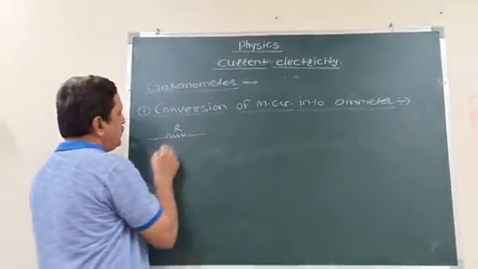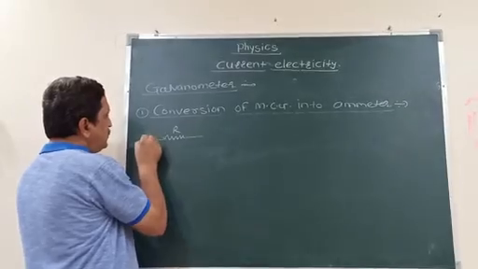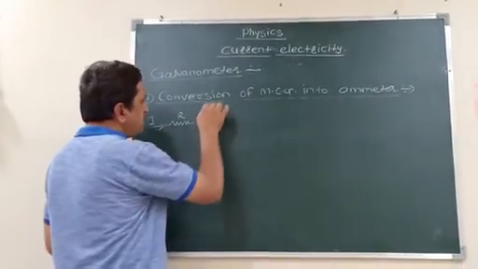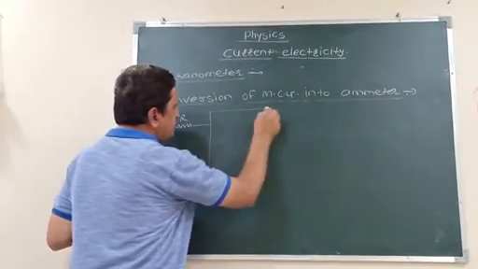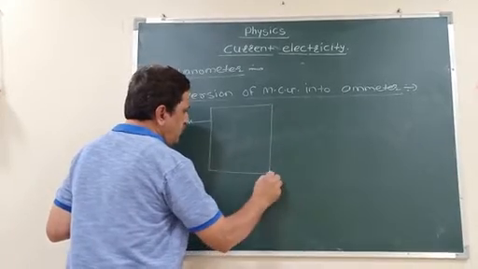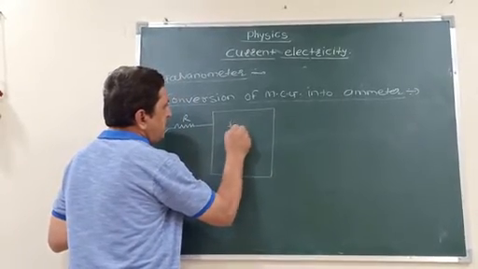Now here let us take one resistance. Suppose I is the current flowing through this resistance. Then in this block here we have taken one galvanometer.